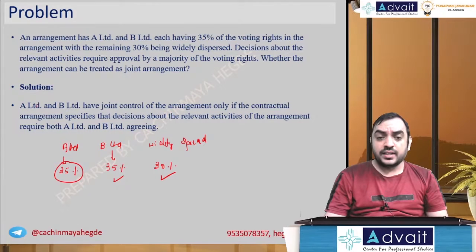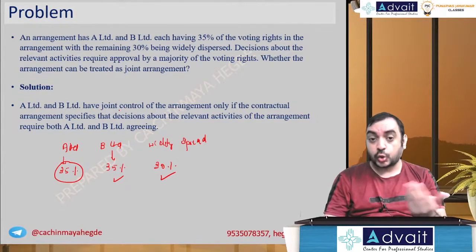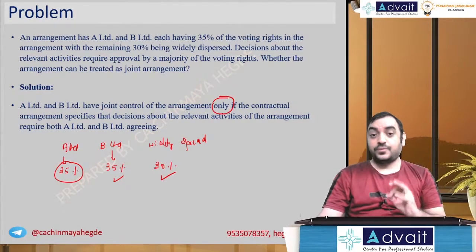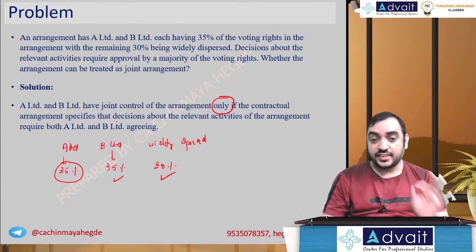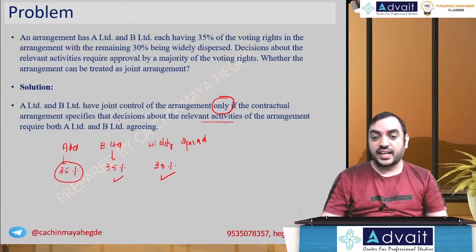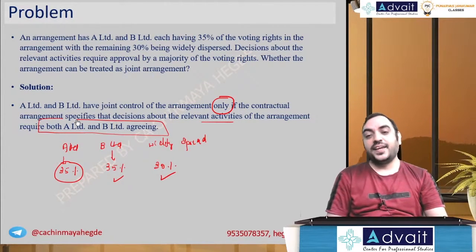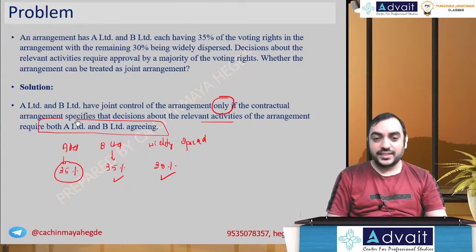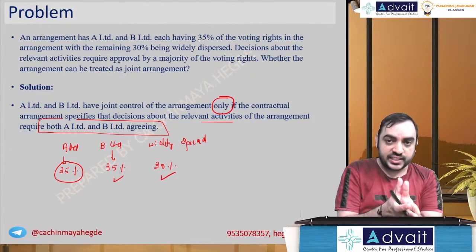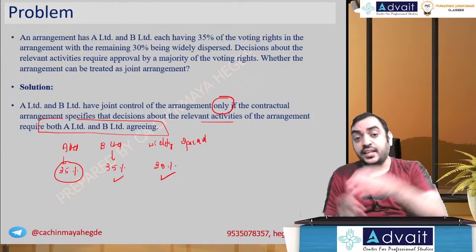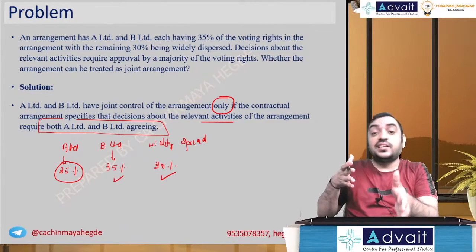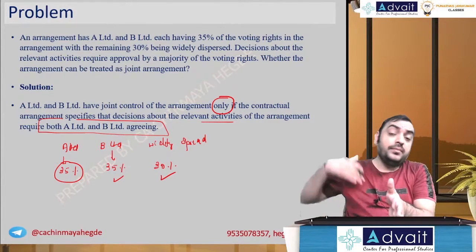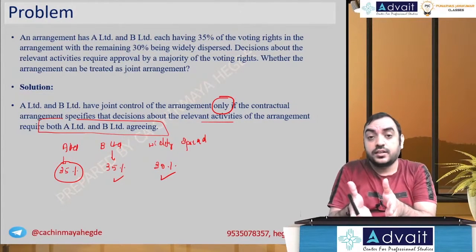Therefore, A Limited and B Limited have joint control only if the contractual arrangement specifies that decisions about the relevant activities require both A Limited and B Limited agreeing. So basically it tells you, either explicitly or implicitly, there should be a situation where A Limited's consent is required and B Limited's consent is required.